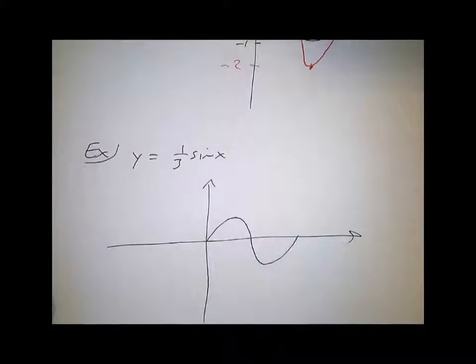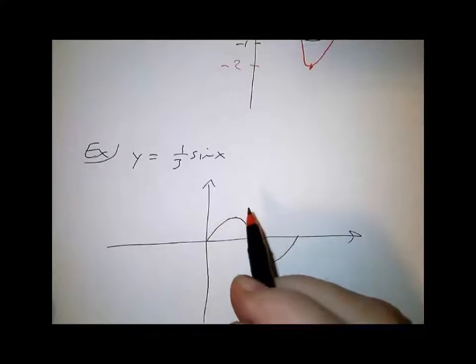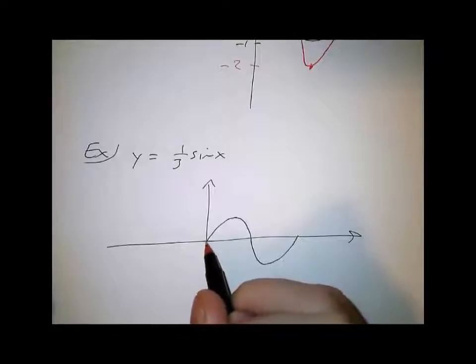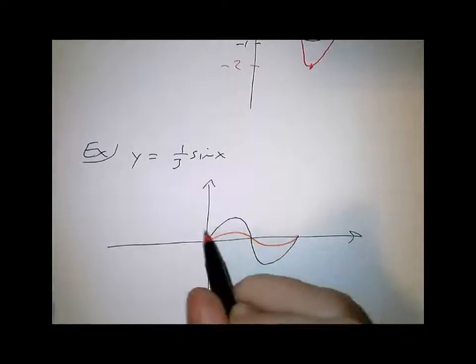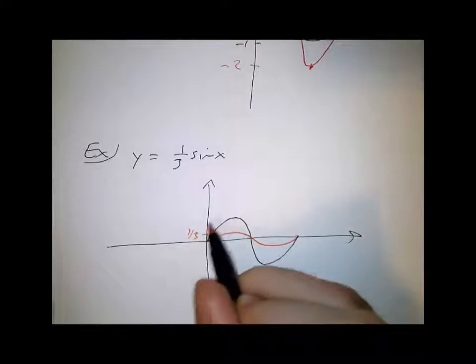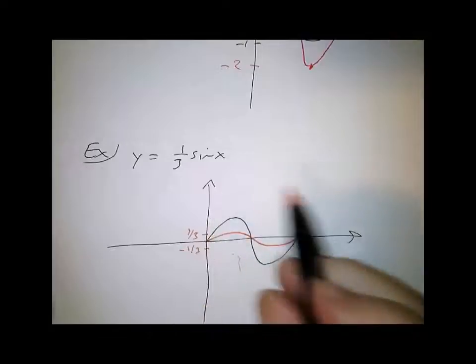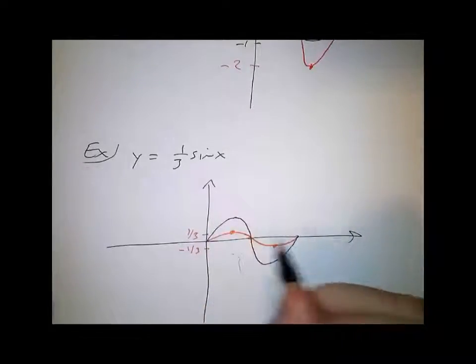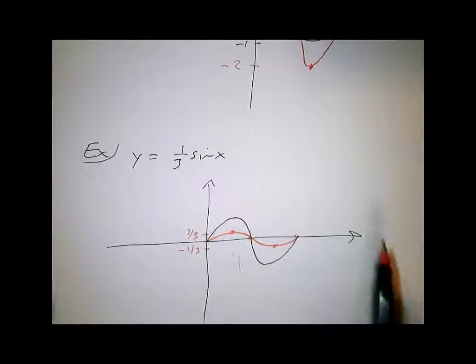But now my y values are going to be shrunk by a factor of 1/3. So I'm going to be up to a third, down to negative 1/3 for these 2 points, and all the other points are the same. So this is shrinking here.